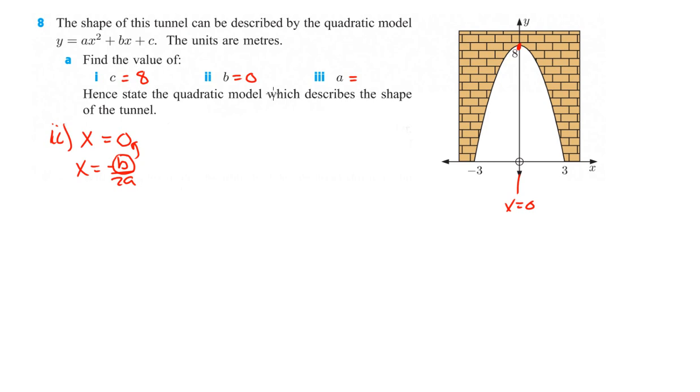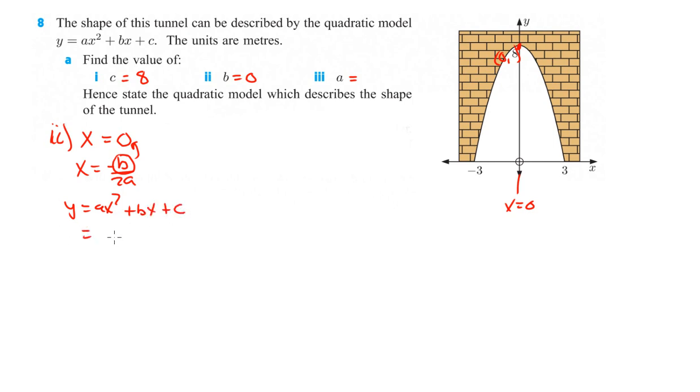And now that we know those two things, we should use those to try to help us find out what a is. We know for sure it's going to be negative. Let's see, we know this point right here is at 0, 8. So we have y equals ax squared plus bx plus c.